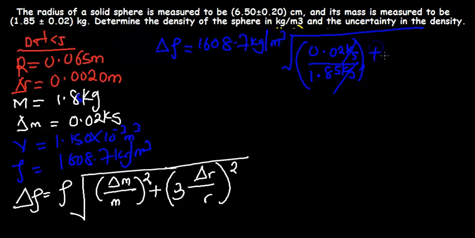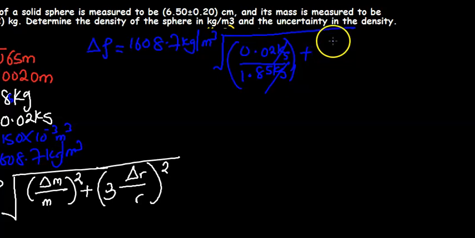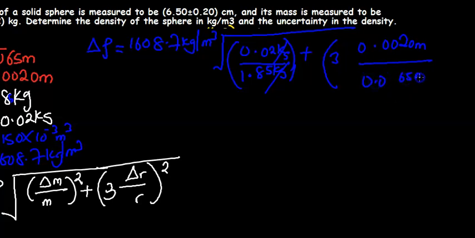So what we have here, plus what we have, is going to be the bracket of 3. What is the uncertainty of the radius? It is going to be 0.0020 in meters. You are going to divide that by 0.065, also in meters. This will cancel out. And remember, from the outside of the bracket, we're going to have 2.